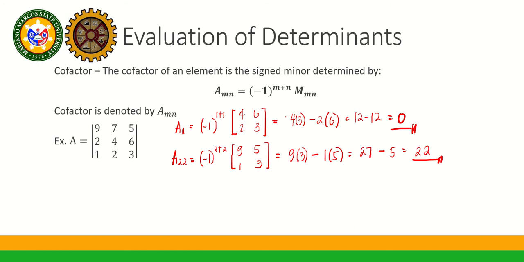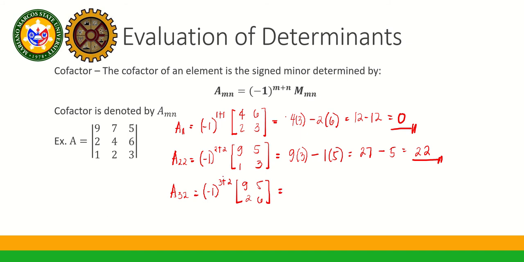Now, last example, A32. Where is A32? That is in the third row and the second column. So it's the 2. So this is equal to negative 1 raised to 3 plus 2 times, this gets removed, and that will be 9, 5, 2, 6.